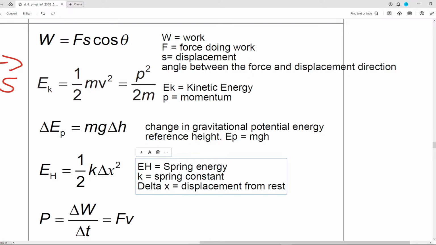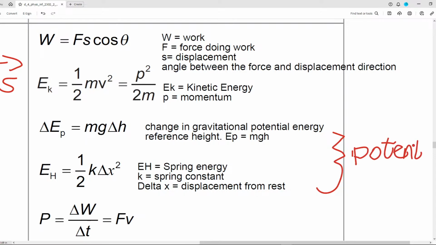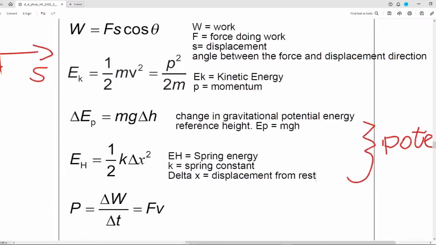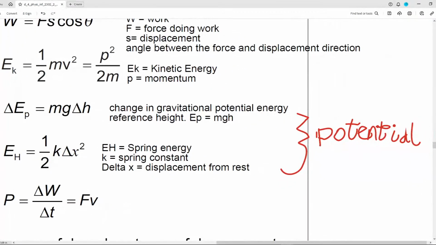Both of these are potential energy. Kinetic energy is kinetic energy. Potential energy actually only works for conservative forces. Non-conservative forces cannot have potential energy.